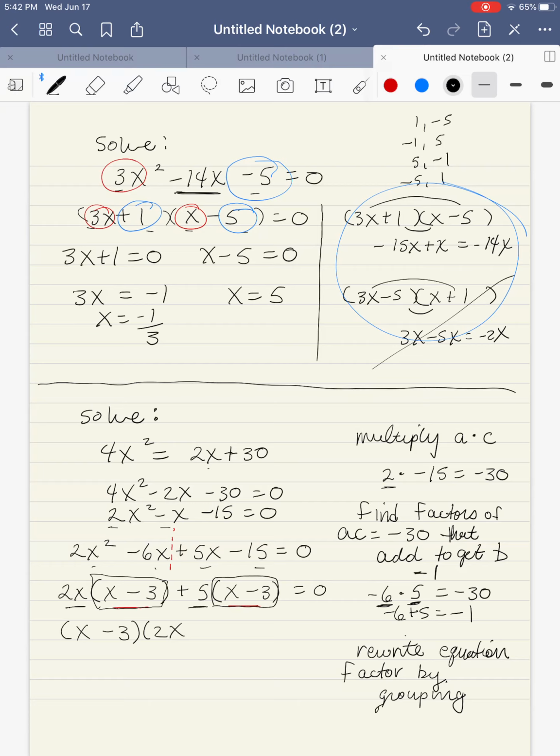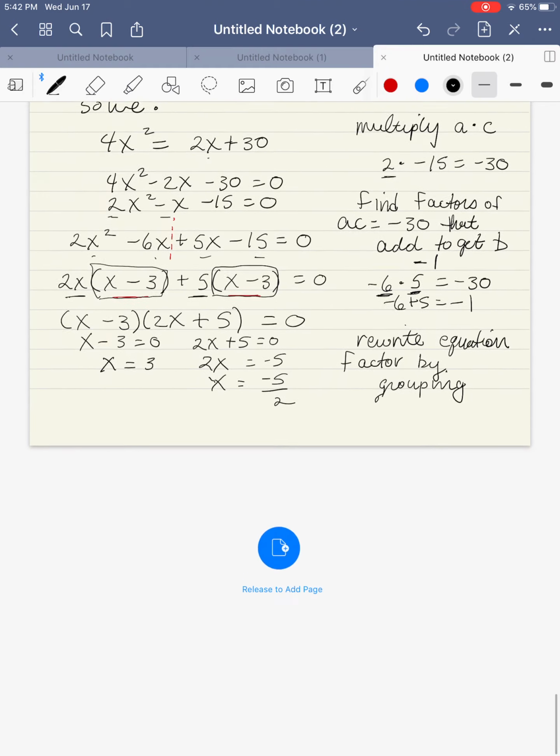When I factor the x minus 3 out from here, I'm left with +5. And I see that I have a completely factored problem, and I can set each of those equal to 0 and solve for x. And of course, we got the same answer that we did using factoring by guess and check.